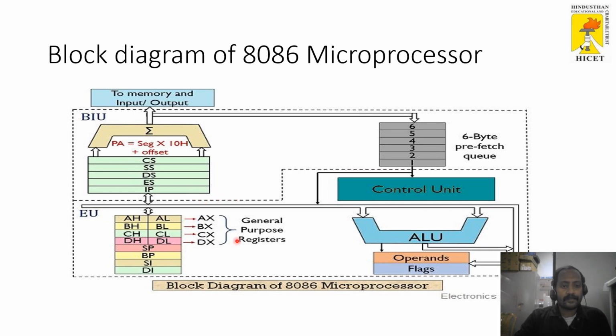Regarding the stack pointer registers, which is also a 16-bit register, it holds the address from the start of the segment to the memory location where a word was most recently stored on the stack.